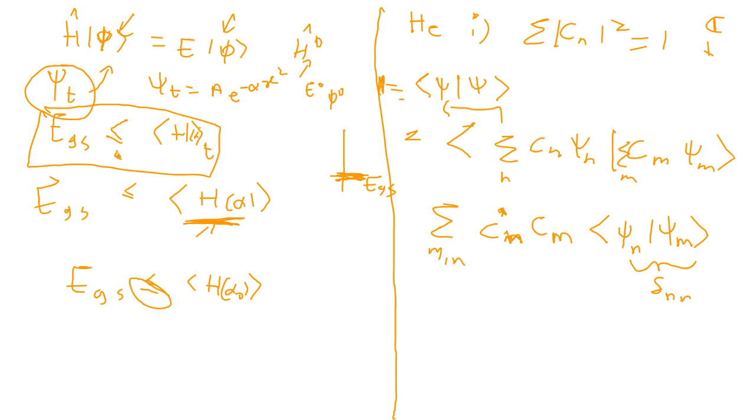What I did even for the harmonic oscillator, you saw the overlap between 1 and 0 or 0 and 1 was always 0, because the only time that they don't vanish is when it's 1 1. So similarly here, the only time that they do not vanish is when delta n m, and so this sum then gives you the sum over m, n of cn cm delta n m.